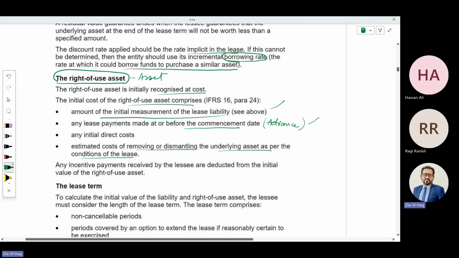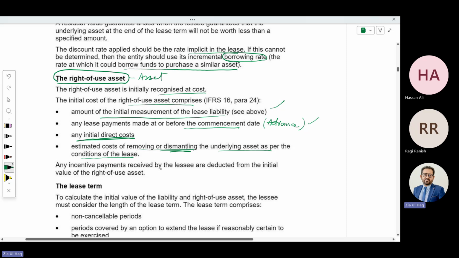And after removing, there will be some disturbance on the land that you need to repair. So that cost will also be part of the asset cost, the dismantling cost. So: lease liability cost plus any advances plus initial direct cost plus dismantling cost.